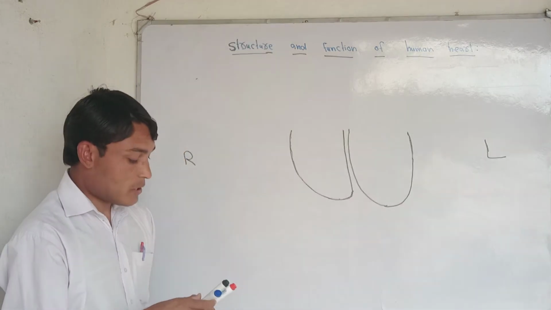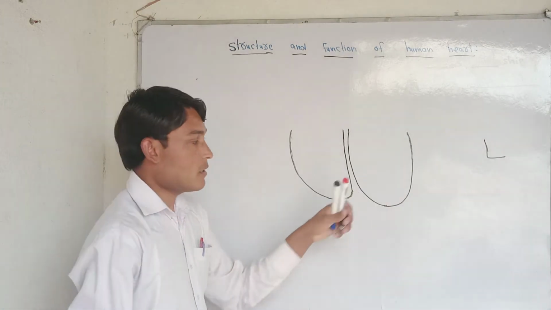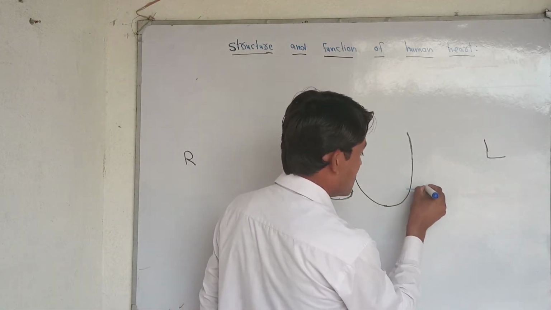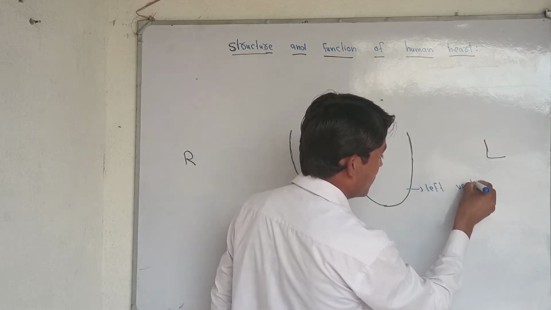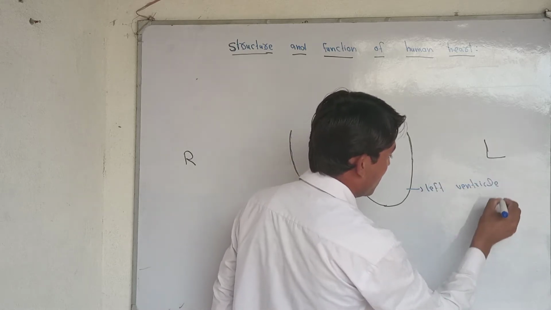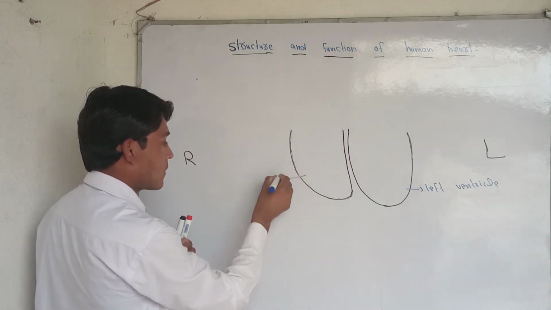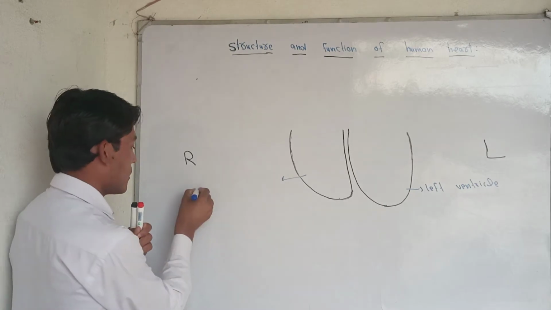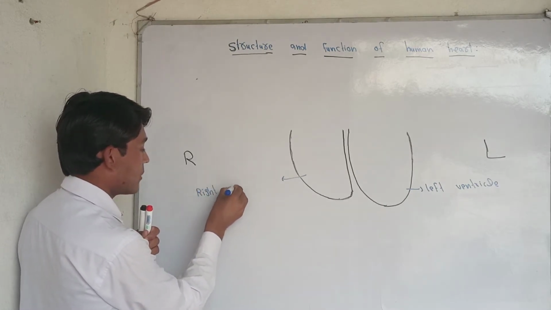This chamber is called the left ventricle, and this one is called the right ventricle.